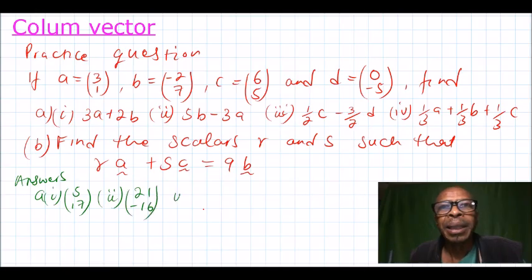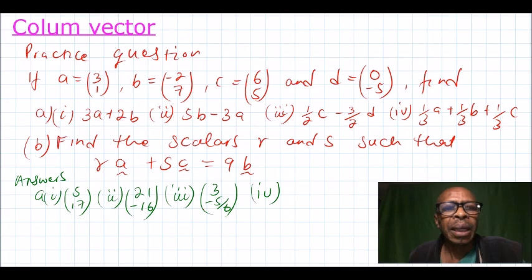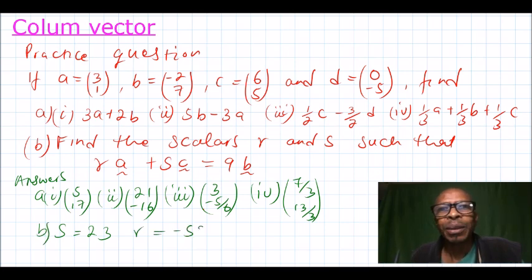Roman number 3, you get (3, -5/6). We have Roman number 4, you should get (7/3, 13/3). And then the other one, S is equal to 23, and R is equal to -52. Those are the scalars.